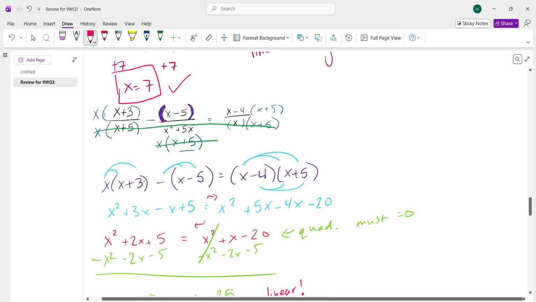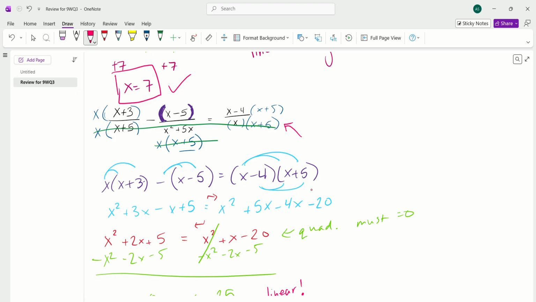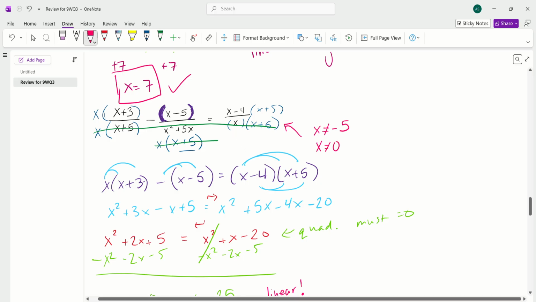So we're going to come back up, look at our denominators, and you're going to see x plus 5, which means x is not allowed to be negative 5. And you're also going to see this x hanging out by himself. Okay? When you see that, that means that x is not allowed to be 0 as well.